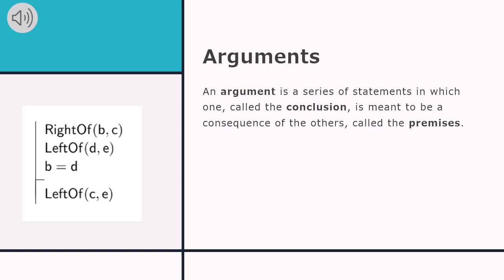One is a distinguished statement called the conclusion, and that conclusion is meant to be a consequence of the other statements, which are called the premises of the argument. So there's one conclusion standing out, and everything else is a premise.